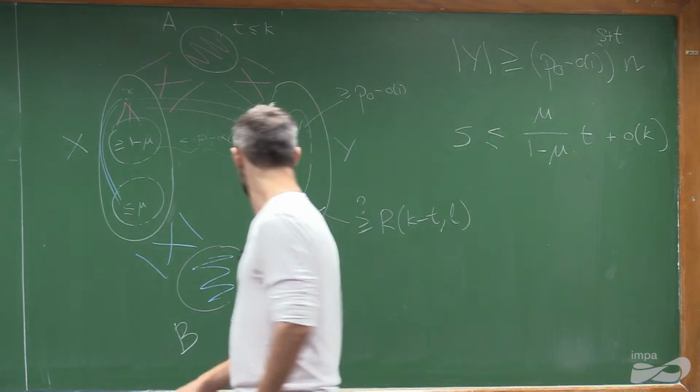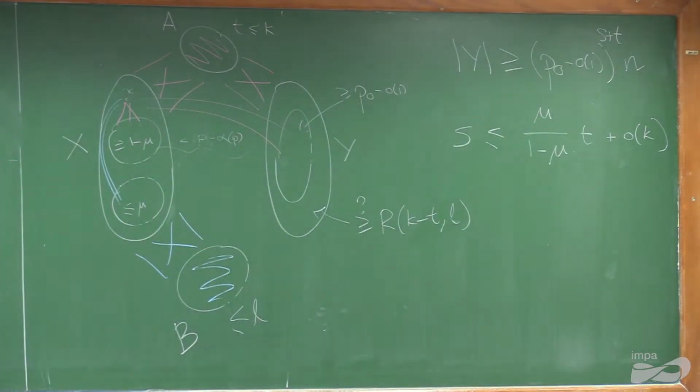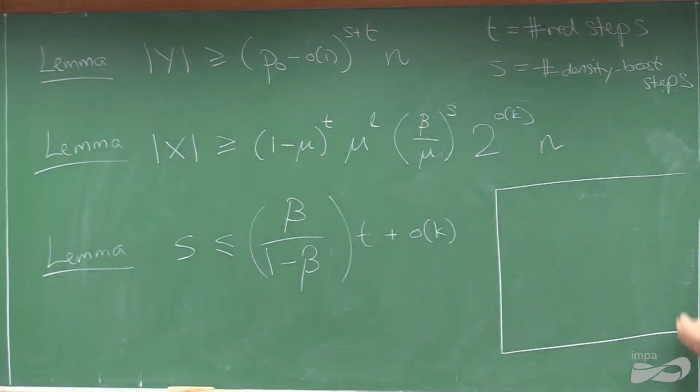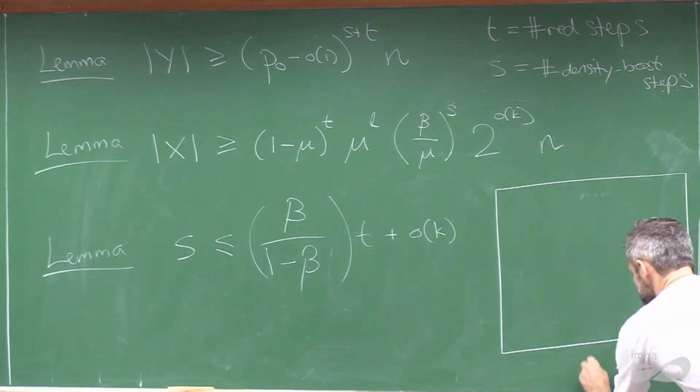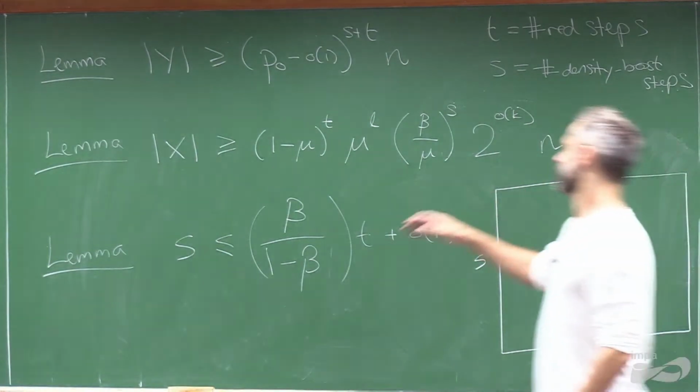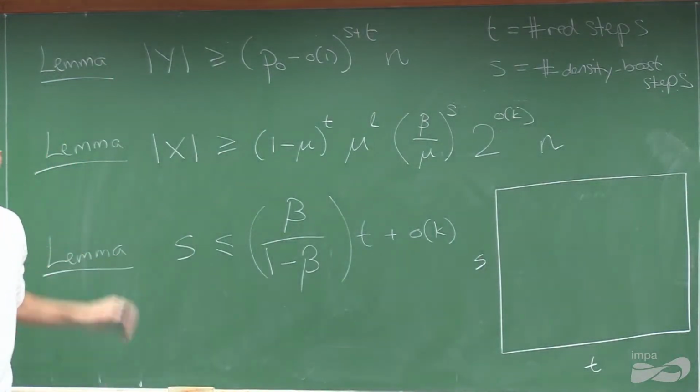Okay. So what you actually end up getting, maybe I can draw this picture now. Yeah, perhaps this is a good time. So here is a picture of t and s that are given to you by the algorithm. Basically all you have are these three bounds, right?